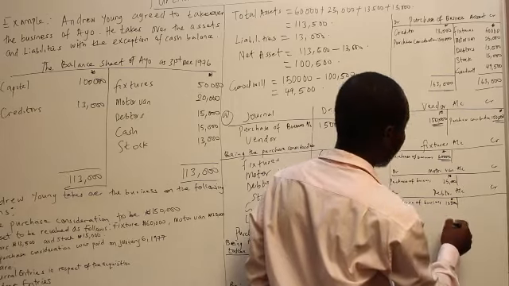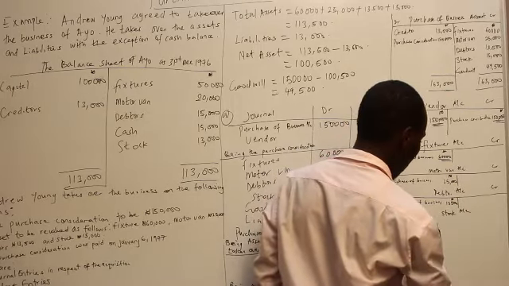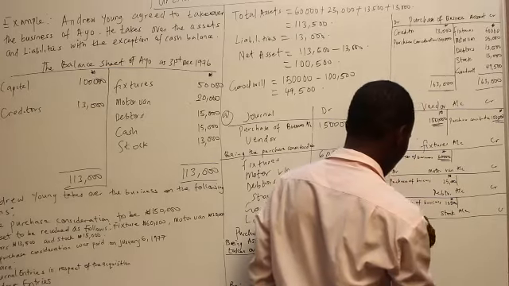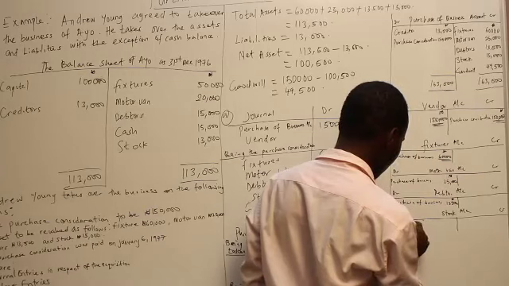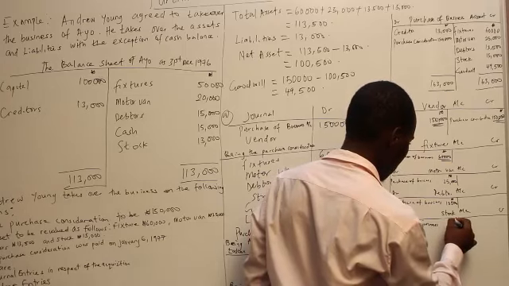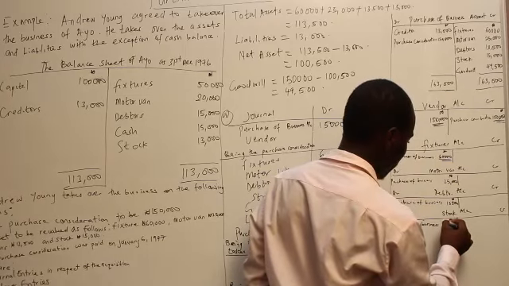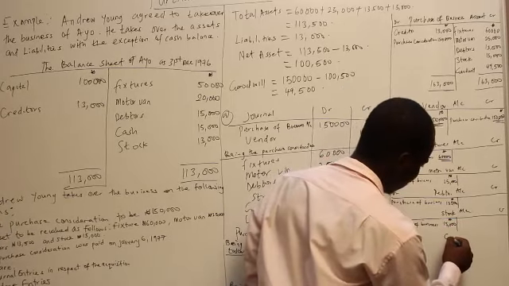So we also have stock account. So you have purchase of business, which is 15,000 naira. Next thing is the goodwill account.